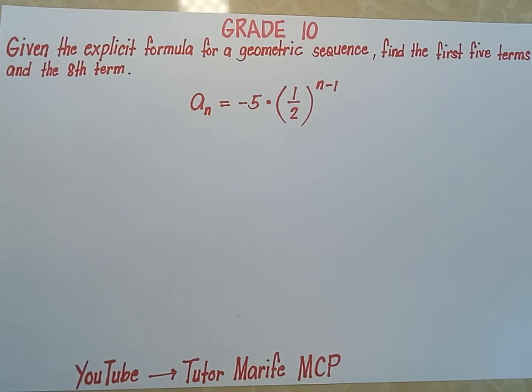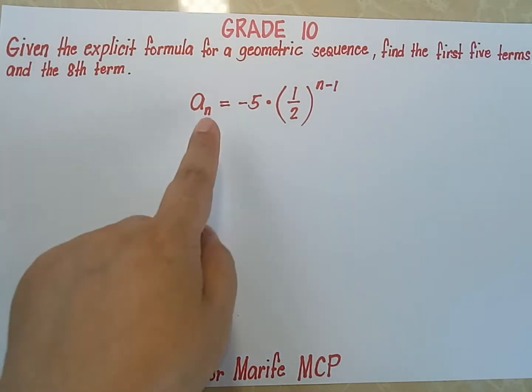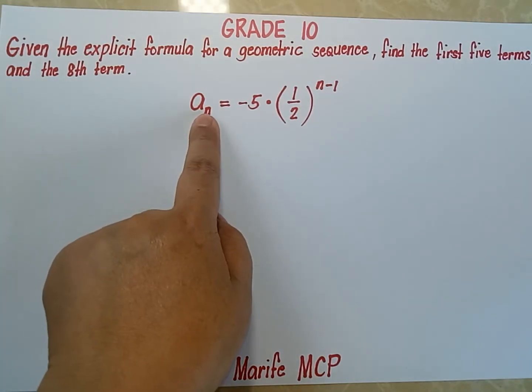So, sa mga grade 10 dyan na advanced na ang skills, piece of cake ito. Kasi substitution lang ito ng n equals 1, 2, 3, 4, 5, and so on.